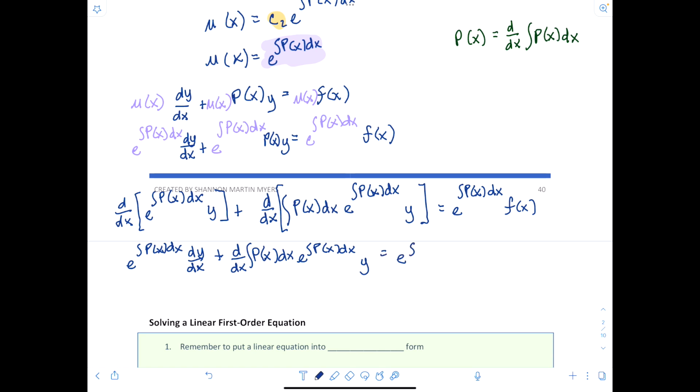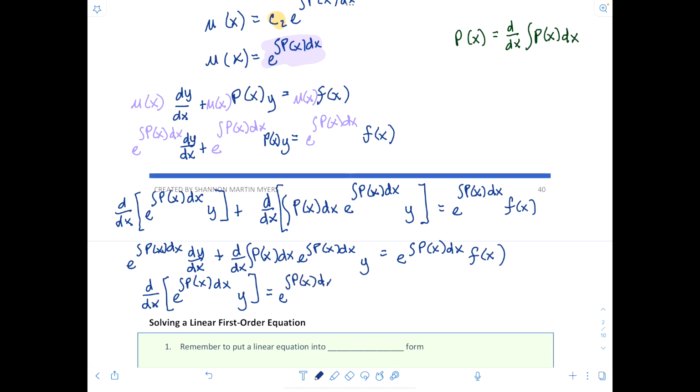So then we write it how it would look before applying the product rule, and we'll just get d dx of the first, which was e to the integral p at x dx, times the second, which is y. Isn't that cool? And that's equal to e to the integral p at x dx times f at x.